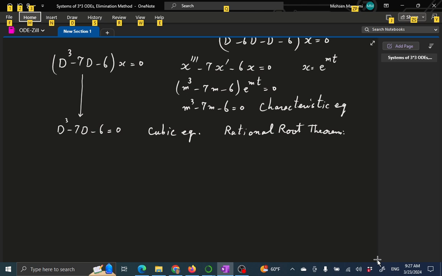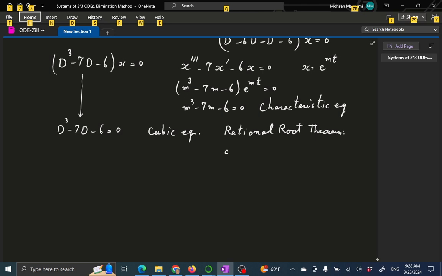What do we do? Do we just go randomly try all numbers 1, 2, 3, 4, 5, 6, minus 2, and all sorts of fractions, and just wait for some luck until we get the root? Well, the rational root theorem says there is a smarter way of doing this.